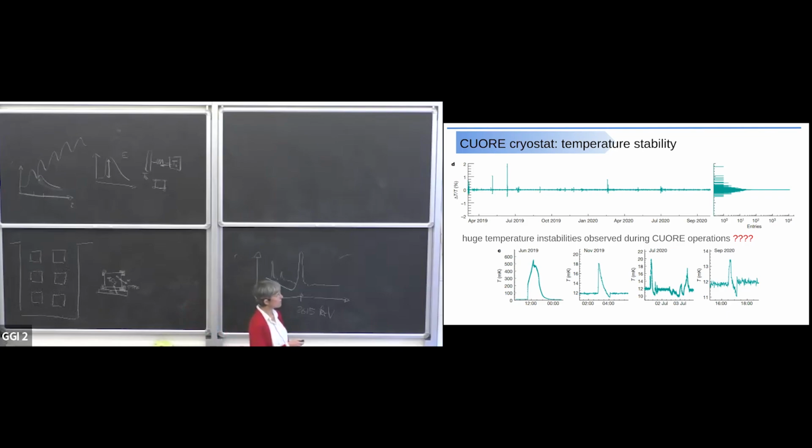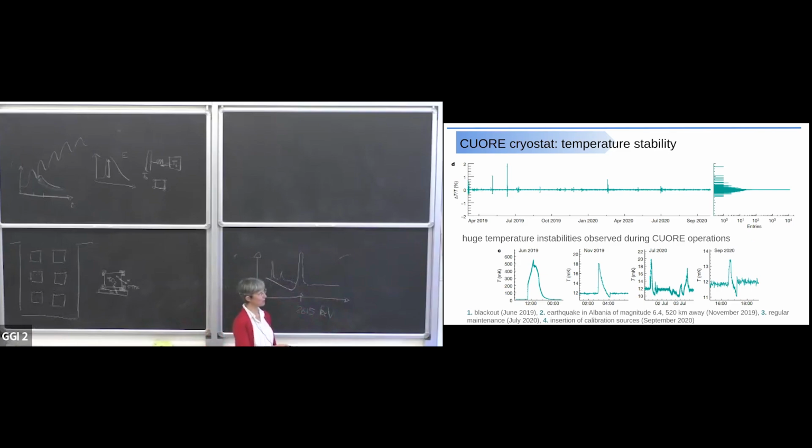We have also observed huge instabilities. You see them here. Can you guess what produced these huge instabilities? You see, this is quite huge, 100 millikelvin. The others are not so big. Vibration. This was a blackout.